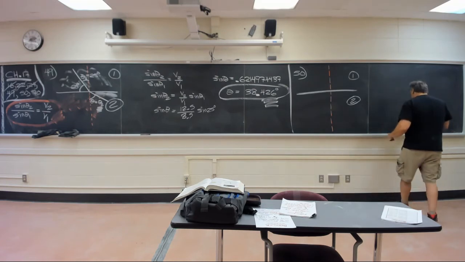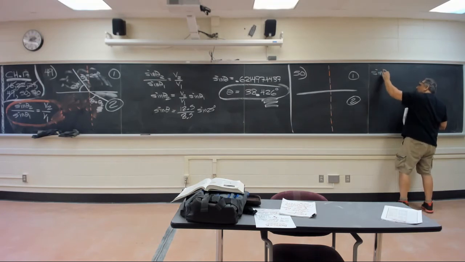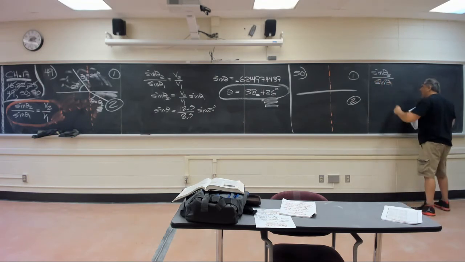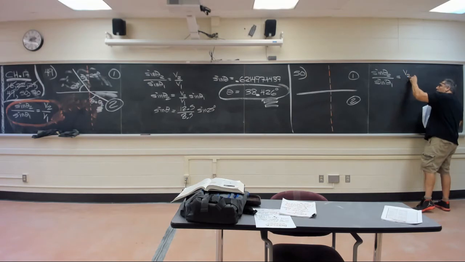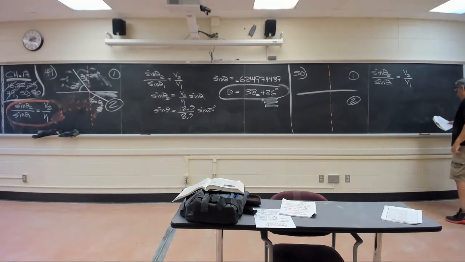So the way they said it is not necessarily the easiest way to look at it, but let's figure out what they are saying. We already said that sine theta 2 over sine theta 1 equals V2 over V1. Yeah, we know that. There is a formula for the speed at which a propagation will take place.